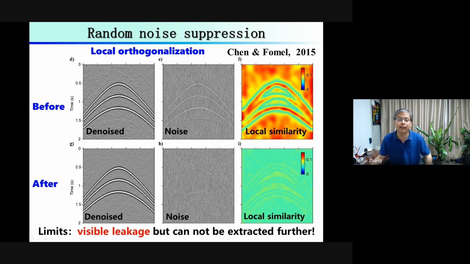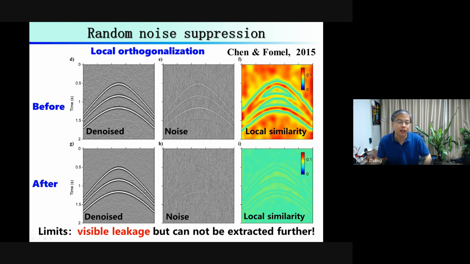If they show some similarity, then this part will be extracted from the background noise and added to the denoised part. That means the signal to noise ratio is slightly improved, the noise is much more like noise, and the similar signal has been removed from the noise and moved to the signal profile.